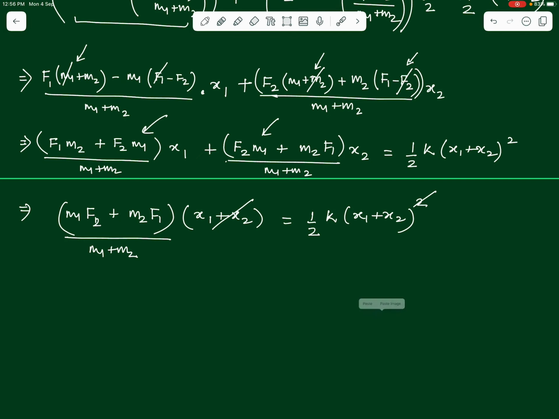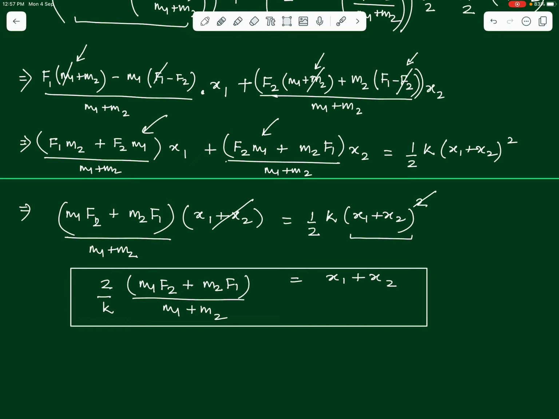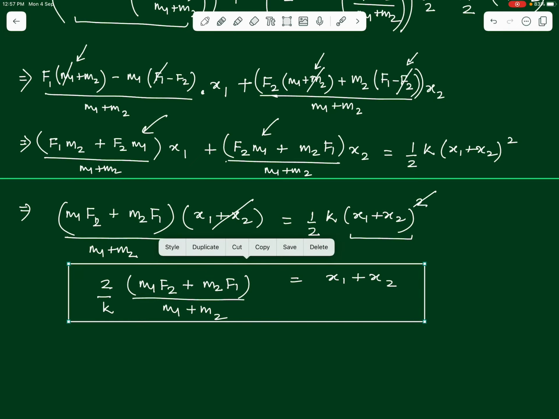What we are looking for here is the extension of the spring, which is nothing but x1 plus x2. So, we keep this x1 plus x2 on the right side and take all the other things on the left hand side, so that we get 2 by k times m1 F2 plus m2 F1 by m1 plus m2. This then becomes our final answer for the maximum possible extension in the spring in the given case.